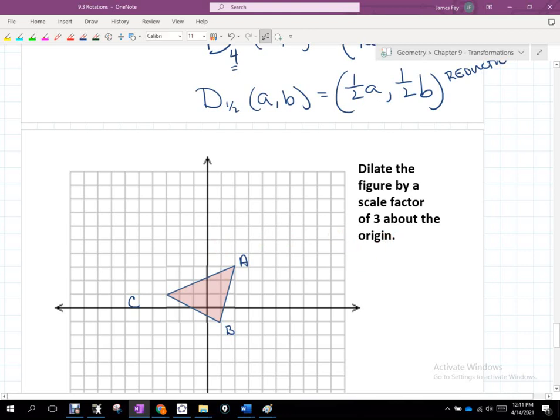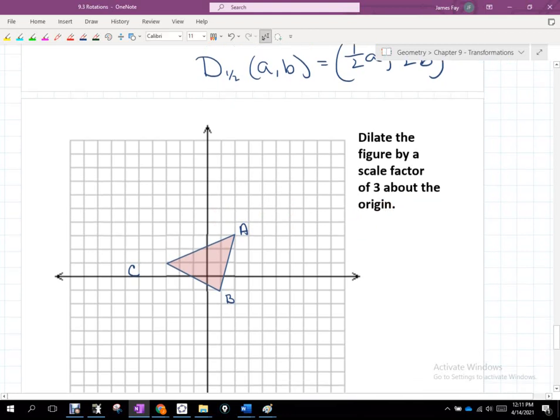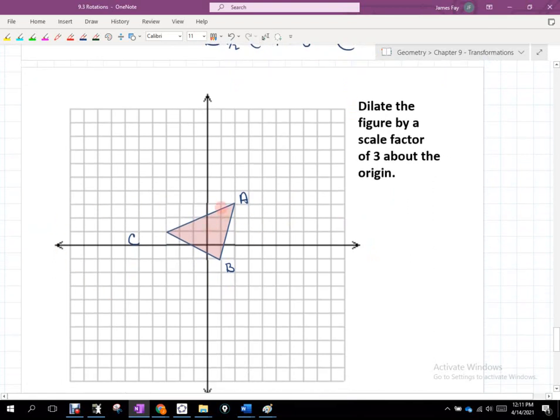I know you have the paper in front of you if you printed these off, which is nice, but I don't want to go through it here. I'm going to use GeoGebra in a moment because some of the relationships are going to be important. A is located at 3, 2. B is located at 1, -1. And C is located at -3, 1.